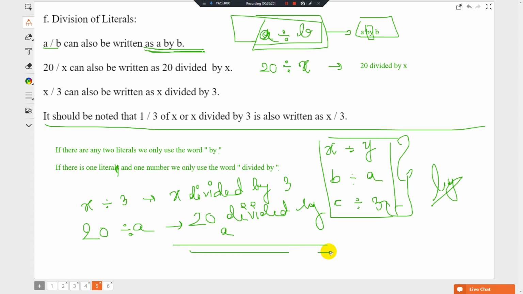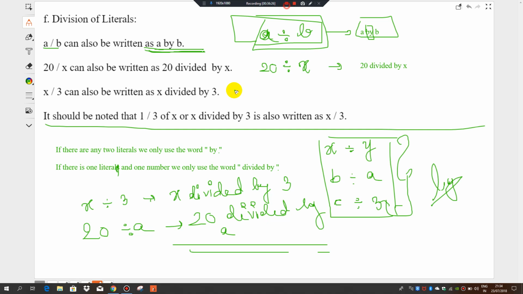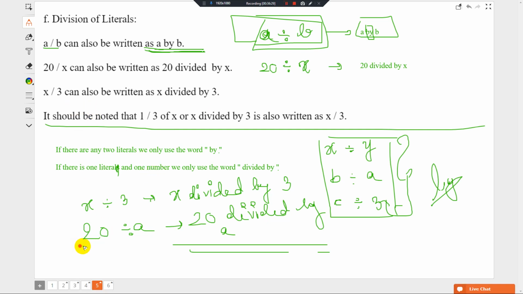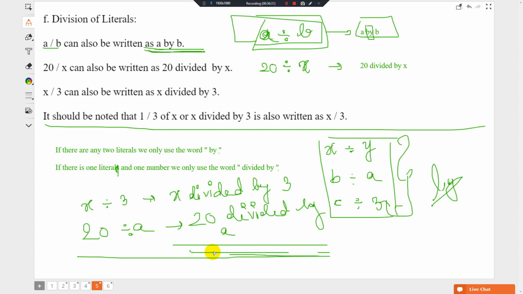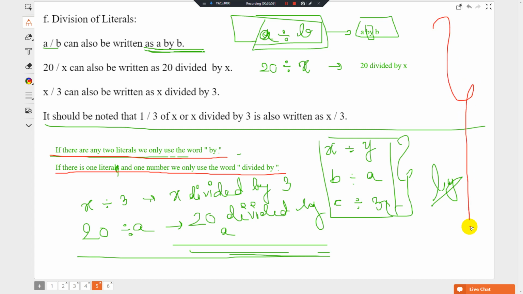If there is one literal and one number, we use only the words divided by. If they have given two literals, in that case we use by. And also, please remember these 2 points. If there are two literals, we only use the word by. If there is one literal and one number, we only use the word divided by. So you have understood, I hope so.